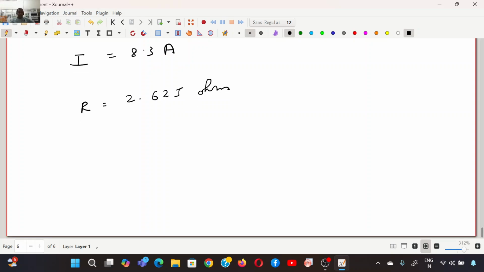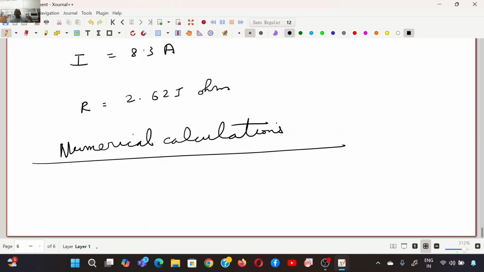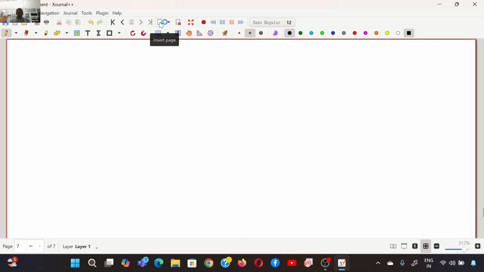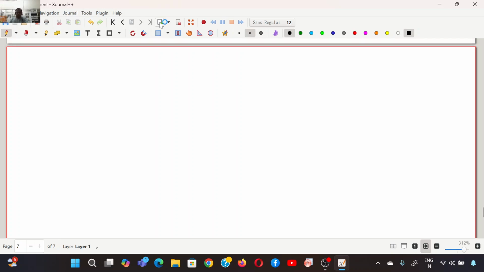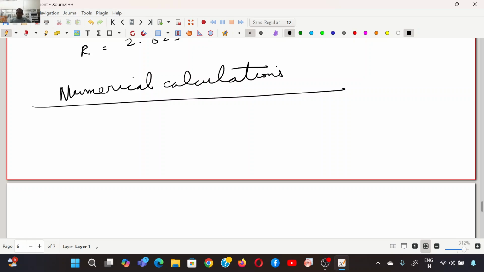Maybe as I said, we'll have to go through some numerical calculations in this problem because unlike the previous problem, we don't know the temperature of the wire in this case. It's an unknown. We have taken all the properties at the ambient temperature and ambient pressure. Okay, so let's calculate the Reynolds number in this case. We know the diameter of the wire now, so that D we will take.